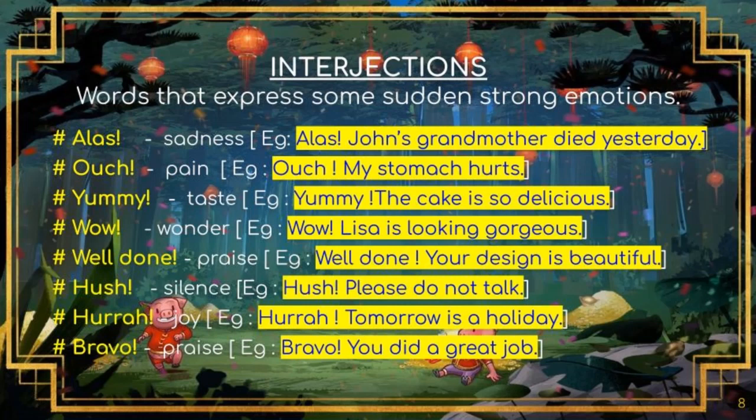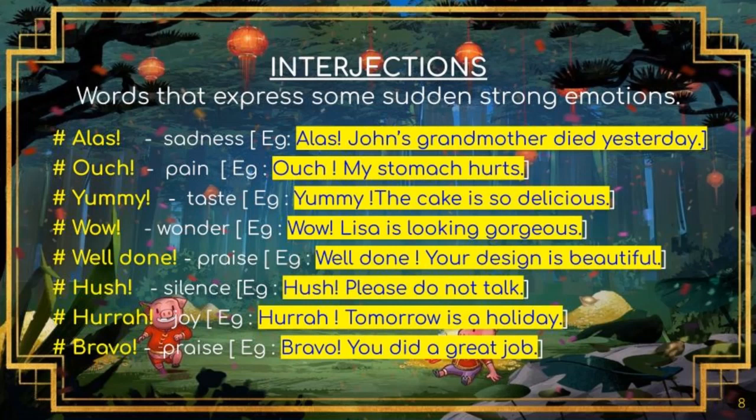Let us move to the fourth one, that is wow. Students, wow is an interjection and it is used to express wonder, amazement, etc. For example, Wow, Liza is looking gorgeous! Let us move to the fifth one, that is well done. Students, the interjection well done is used to praise someone.